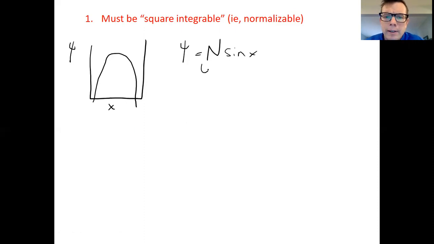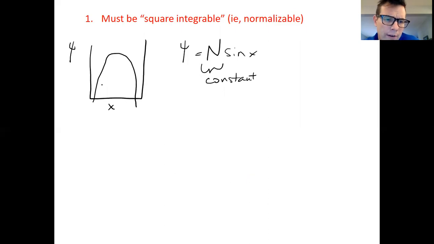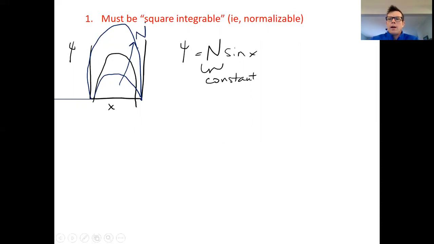This n up here is just some constant. If I adjust n, you adjust the amplitude of that curve. If n gets bigger, it goes like this. If n gets smaller, the amplitude gets smaller. N does not change the shape of the curve. It just changes its height.